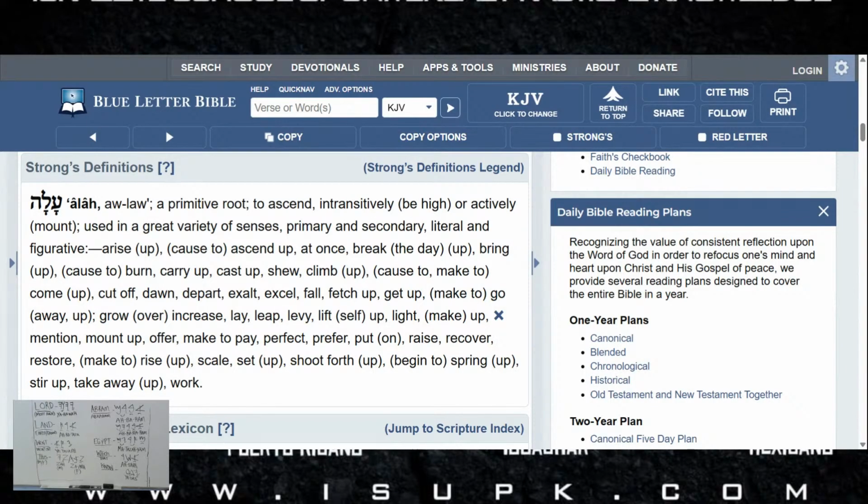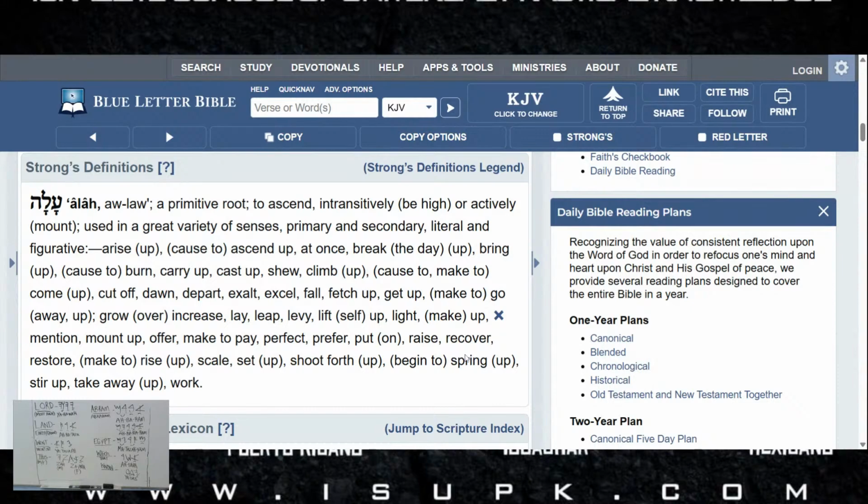Mount, used in a great variety of senses, primarily and secondary, literal and figurative. Arise up, cause to ascend up. At once break up the day, right? Break the day up, bring up, cause to turn, cause to burn, carry up, cast up, fetch up, get up, grow over, increase, leap, leave, lift, set up, put on, raise, recover.